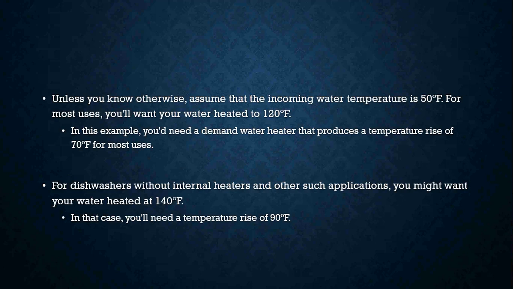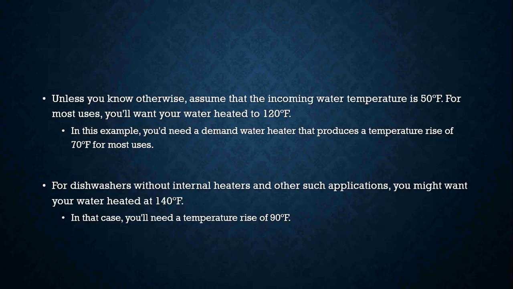In this example, you'll need to determine your water heater that produces a temperature rise of at least 70 degrees for most uses. Granted, there are water heaters out there that have higher temperature rises, but again, we have to utilize and know what we are dealing with.